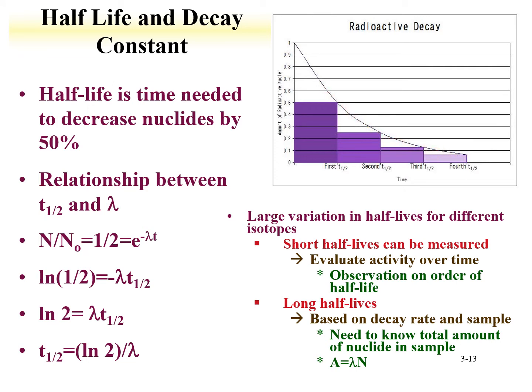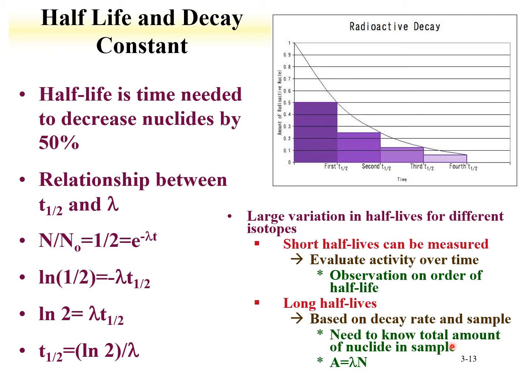and I can generate the equation to derive the half-life. If it's a long half-life, basically the rate isn't going to change over my measurement period. Imagine something with 10,000, 100,000 years, something on the order of plutonium-239, around 20,000 years. This is based on the decay rate in the sample, so I need to know the total amount of a nuclide in the sample.